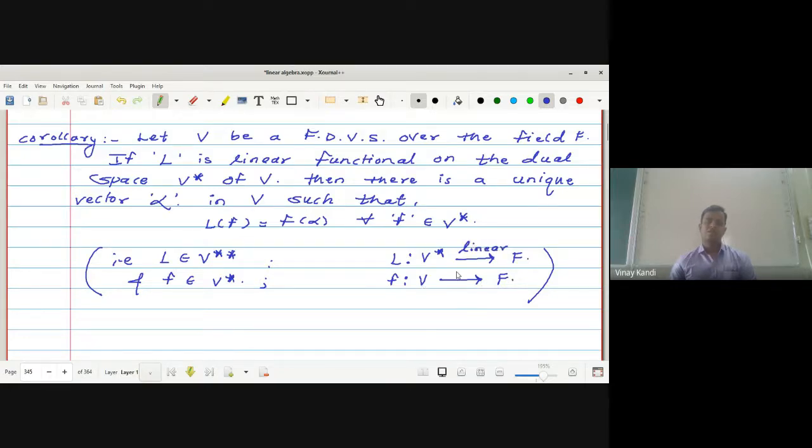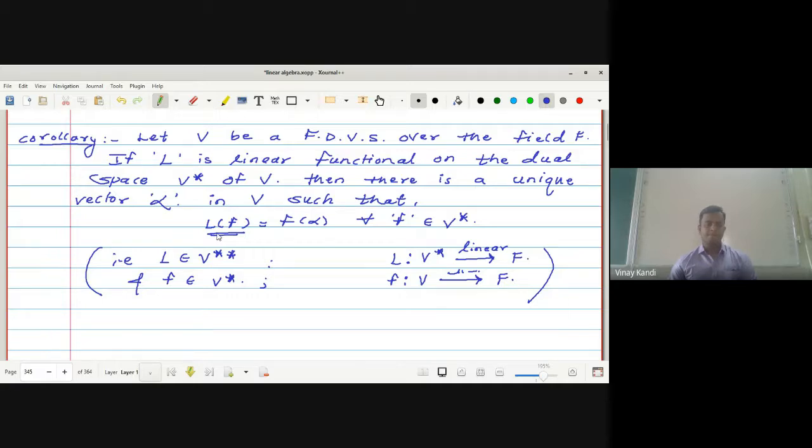Now we have to prove that there is a unique vector alpha in V such that L of f is equal to f of alpha. What is L of small f?